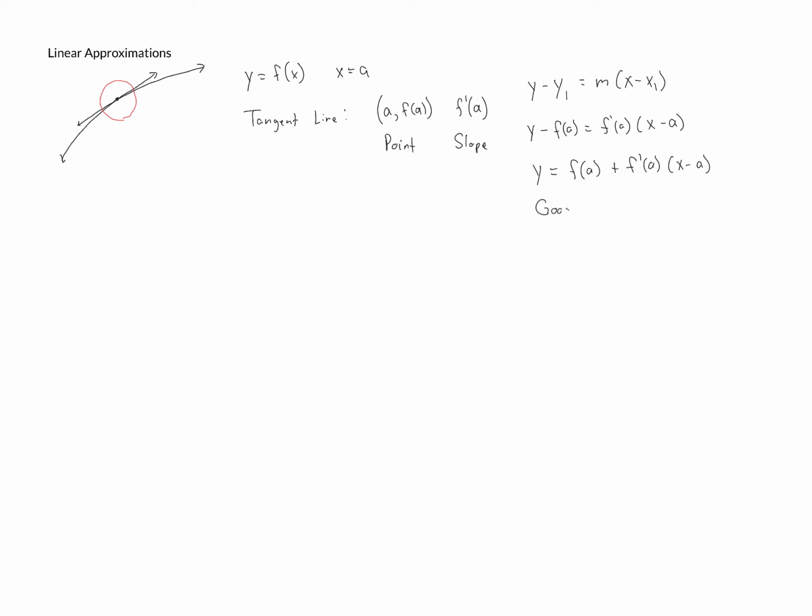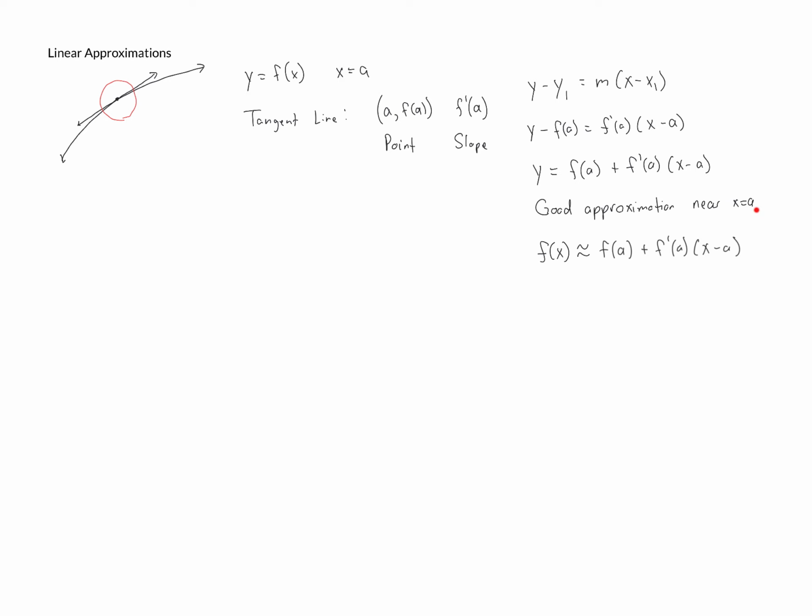And since this is a good approximation for our function near x equals a, we can say that our function near x equals a is approximately equal to f of a plus f prime of a times x minus a.